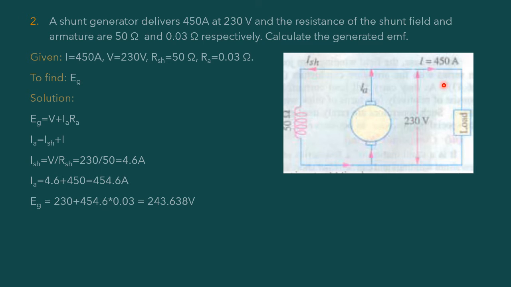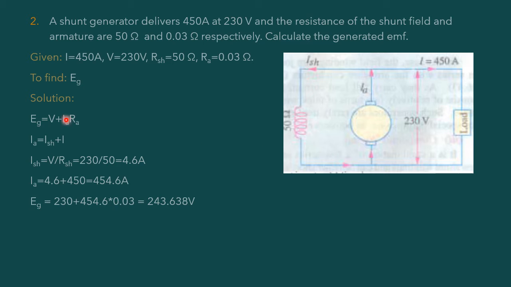Let us take this loop. EG is equal to the voltage drop V plus the voltage drop in the armature resistance, so EG is equal to V plus IARA. The generated EMF is a voltage rise, so we write the generated EMF on the left side, and the terminal voltage V, the voltage across the load, on the drop side.